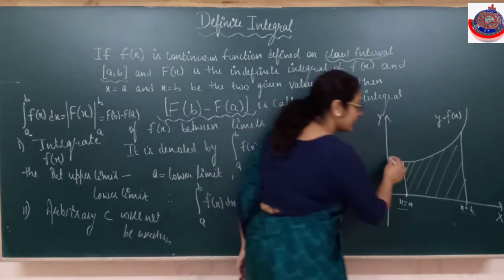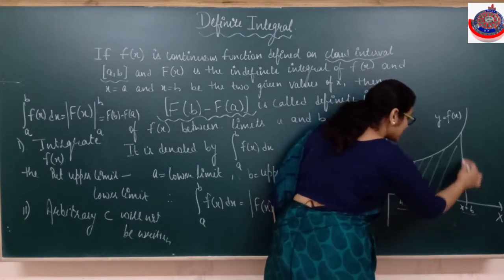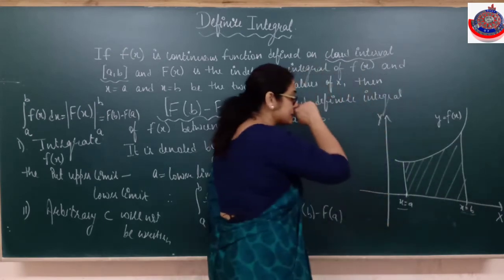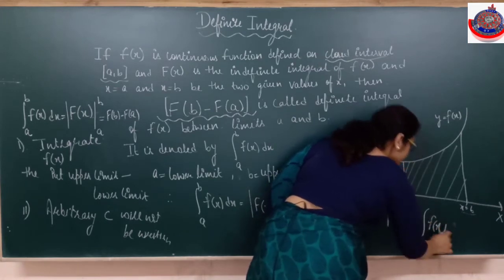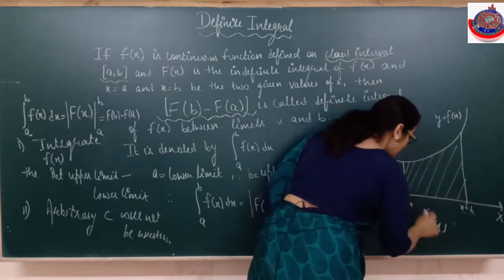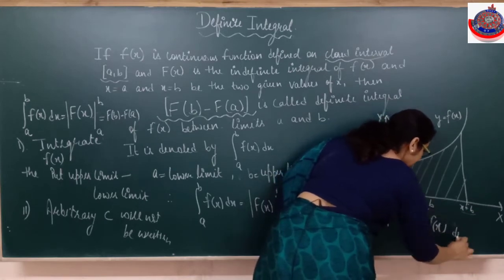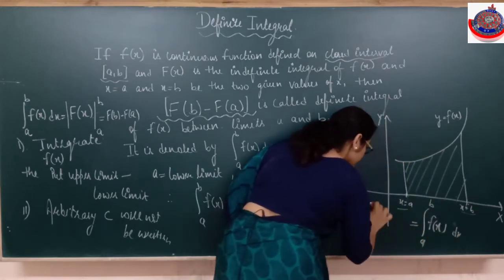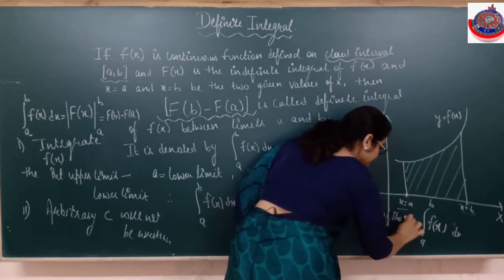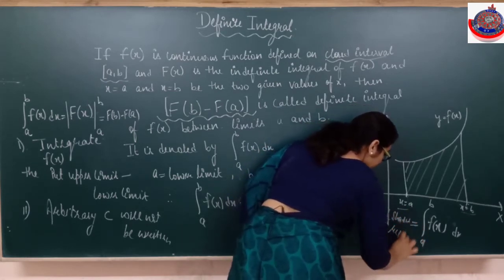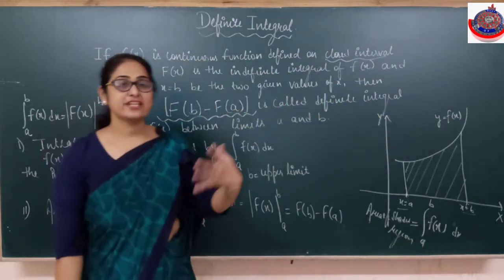If I have to find the area of this curve bounded by x is equal to a, x is equal to b and the x-axis, that will be the integration of the curve which is bounding it, from a to b. That is the area of the shaded region. Is it clear? So this is what we are going to do in the next chapter.